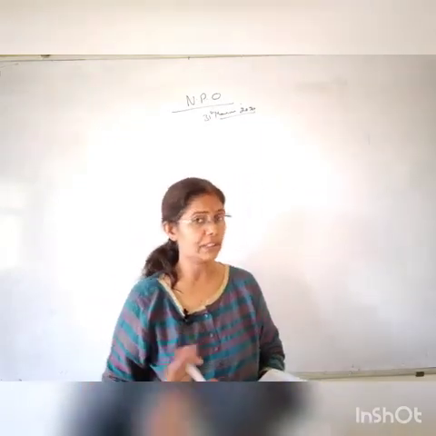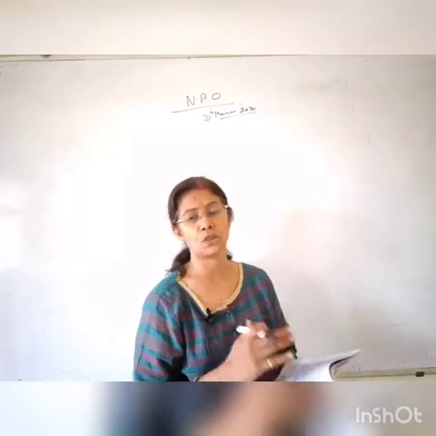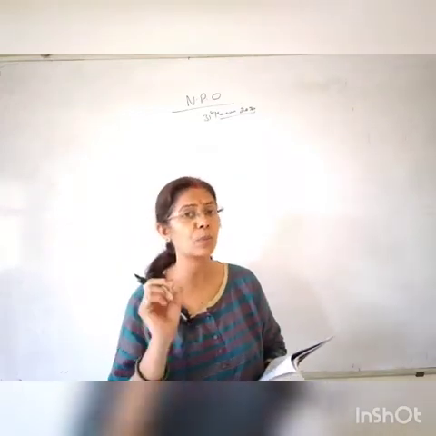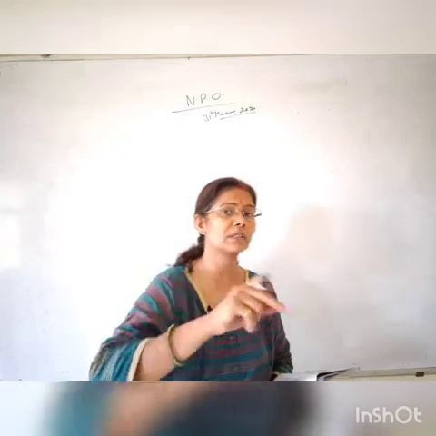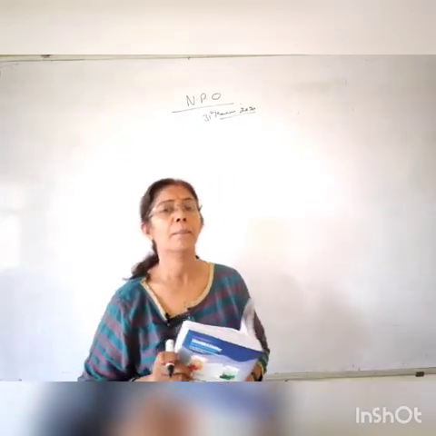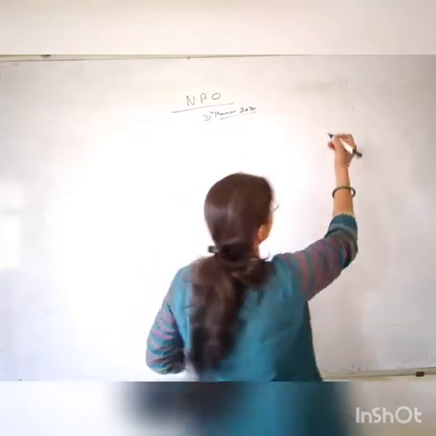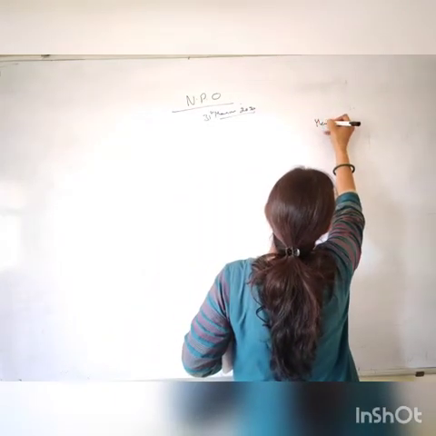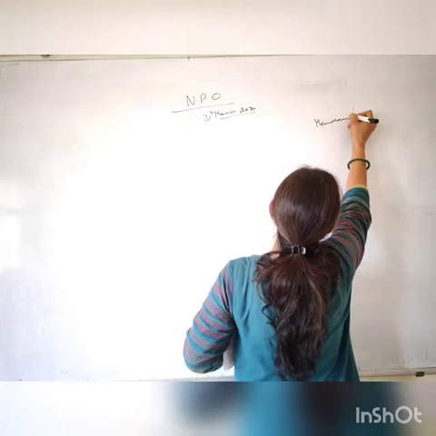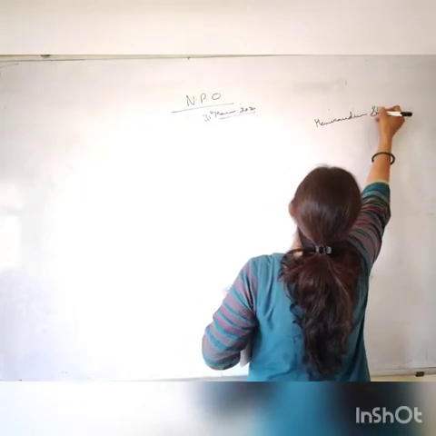Now we don't have any balance sheet, we don't have the balance sheet of the previous year. So we have to first prepare the previous year's balance sheet, and we call it a memorandum balance sheet also. So I'm just preparing it at one side. This is your memorandum balance sheet.